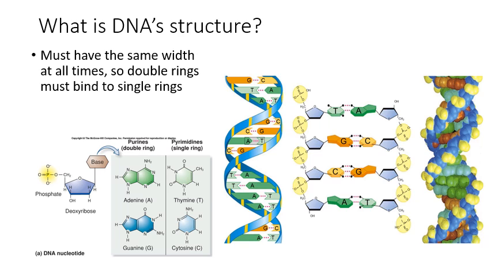So to make that happen, we have only bonding between a double ring and a single ring. So we're always going to have in our DNA a double ring base bonding to a single ring base. That means we're never going to have A and G or A and A bonding together.